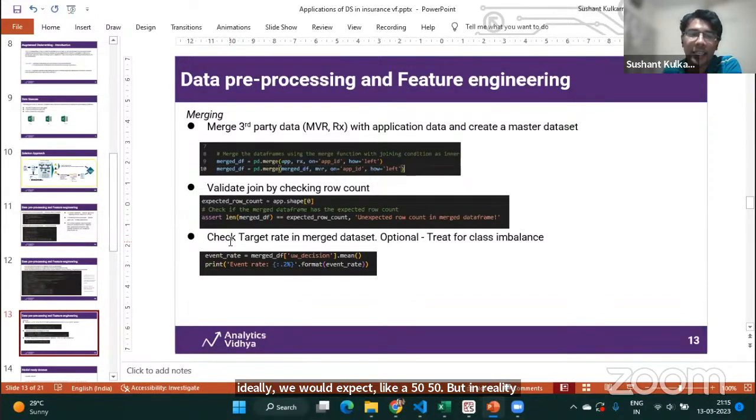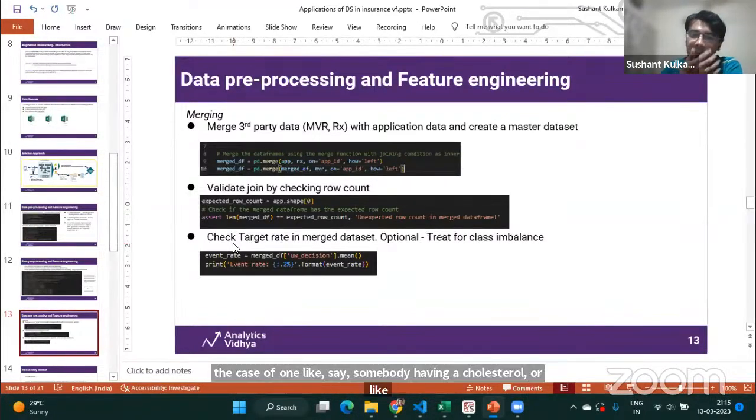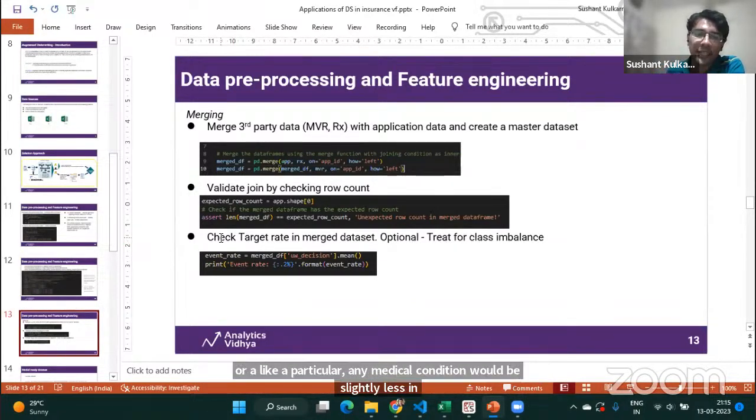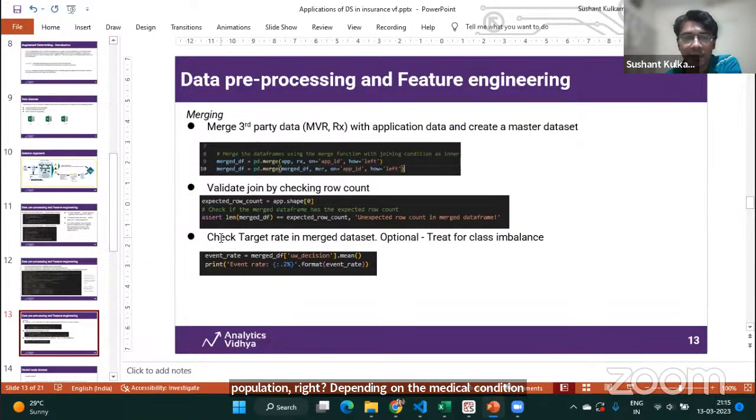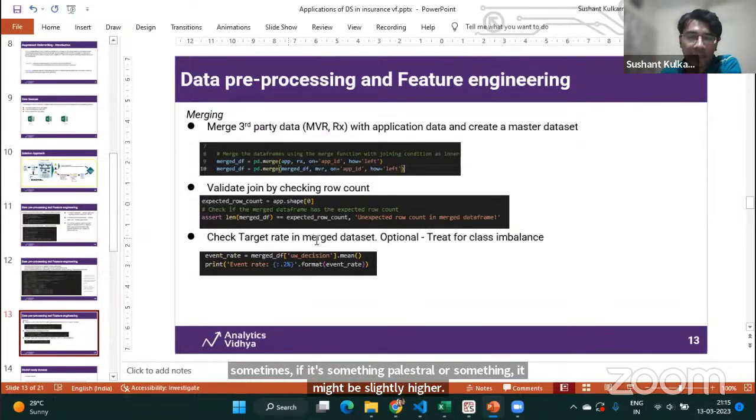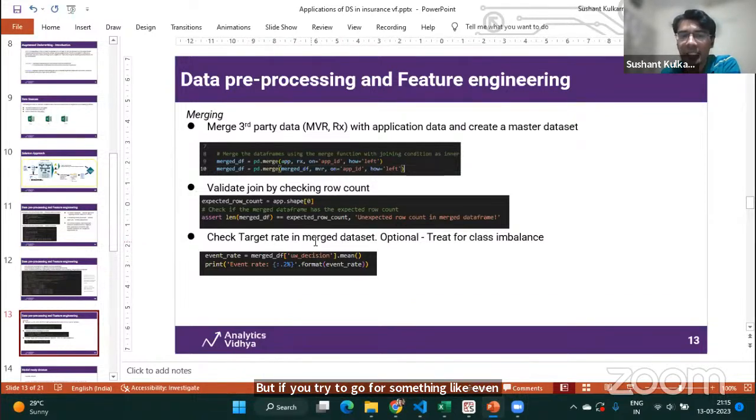So the case of one, like somebody having cholesterol or any particular medical condition, would be slightly less in the population. Depending on the medical condition, whatever it is, if it's something like cholesterol, it might be slightly higher. But if you try to go for something even rarer, like some kind of brain disease, and you're trying to predict for that, your target rate might be like 5%, 1%, and so on.